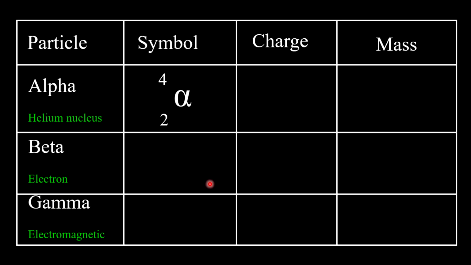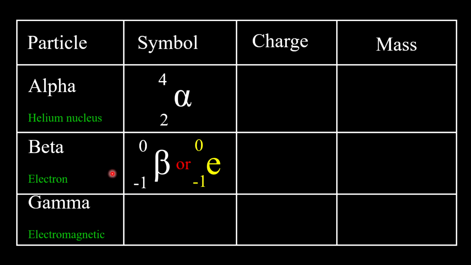Now for beta, the symbol here, again, remember, you notice the 0. And the 0 is because we said that beta is an electron. Electrons theoretically have no mass, right?